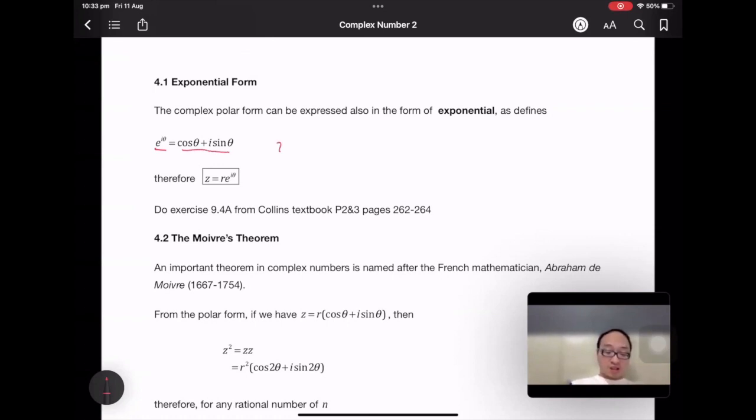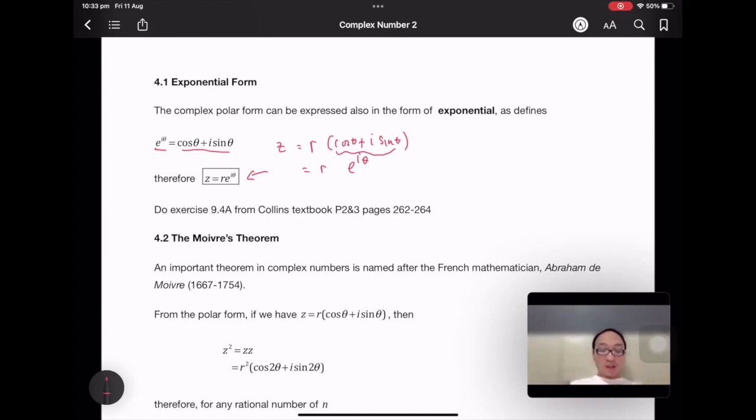So before we had z equals r (cos theta plus i sin theta). Now I can change this into e to the power of i theta. Therefore we can express z equals r times e to the power of i theta.